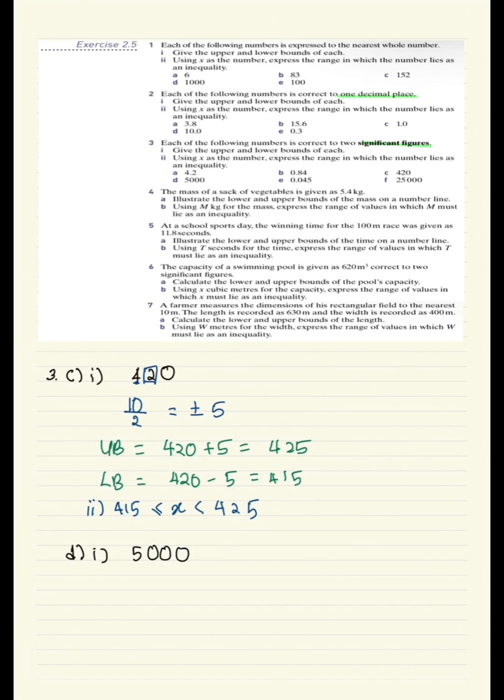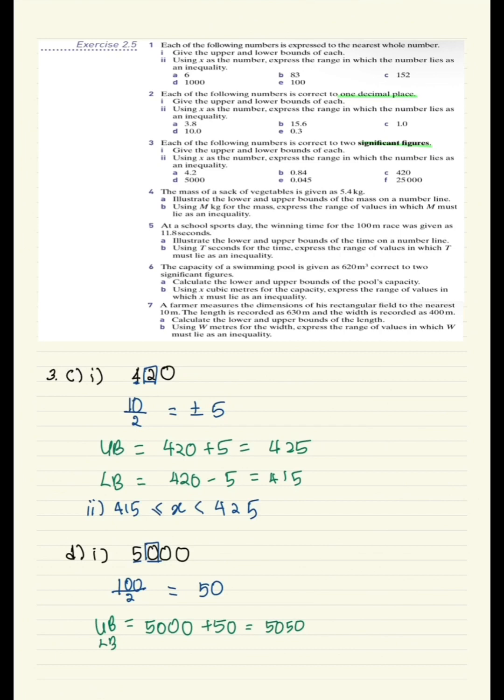5,000. This is your first significant figure and this is your second significant figure. So it is in the place of hundreds. So I'm going to take 100 and divide it by 2. To find the upper bound, I'm going to take 5,000 plus 50, which would give me 5,050.